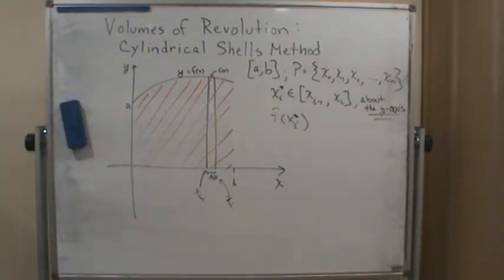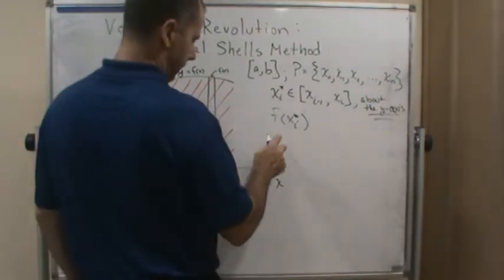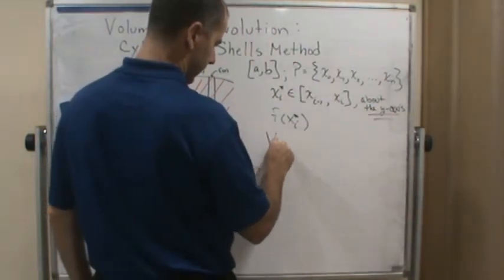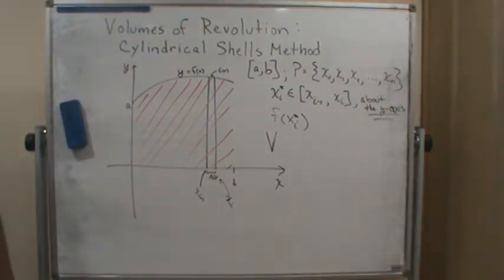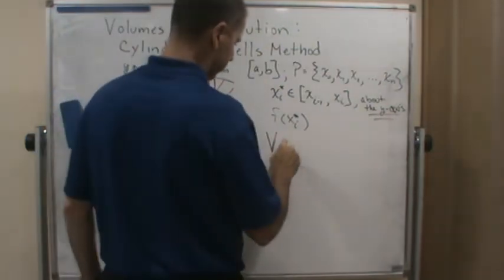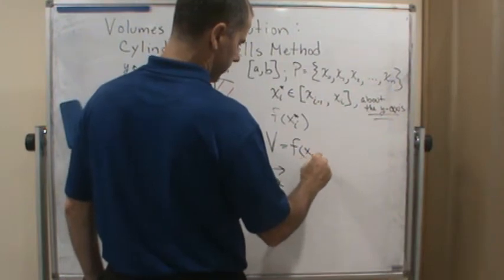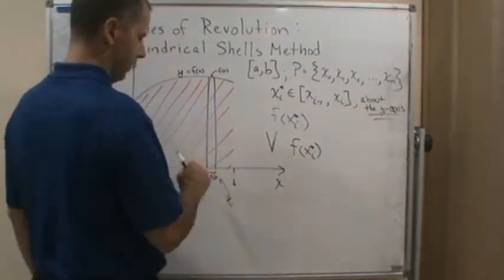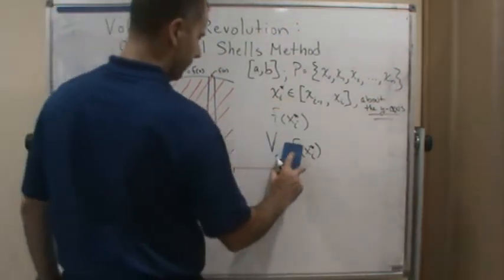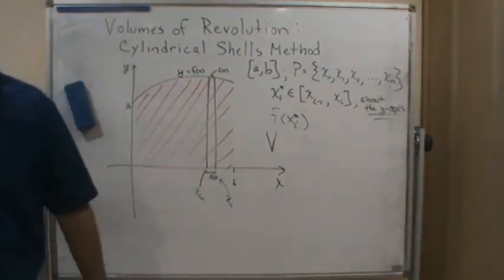If I take the volume of the shell, this is going to be the shell that's rotated. It's going to be equal to f of x sub i star, and pi, because we're rotating this around.